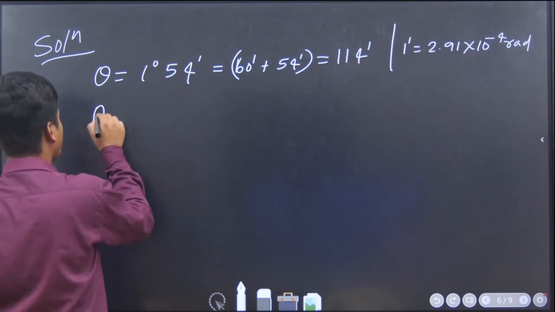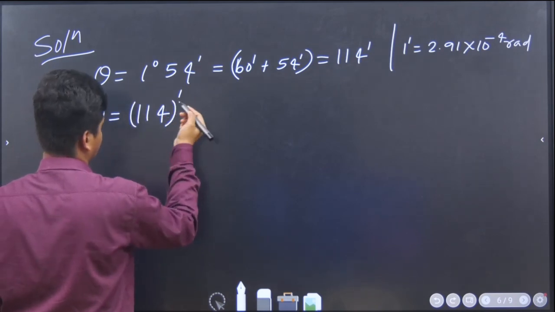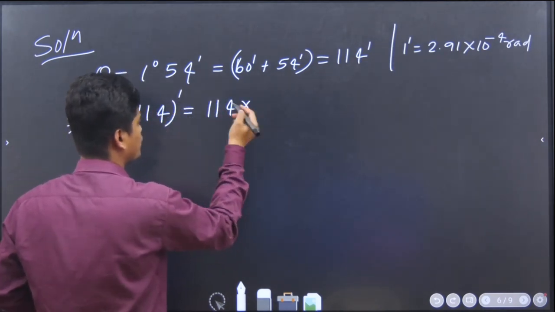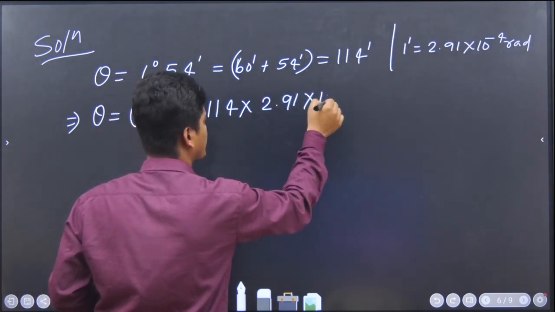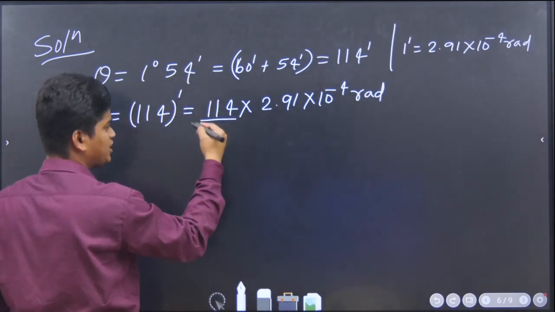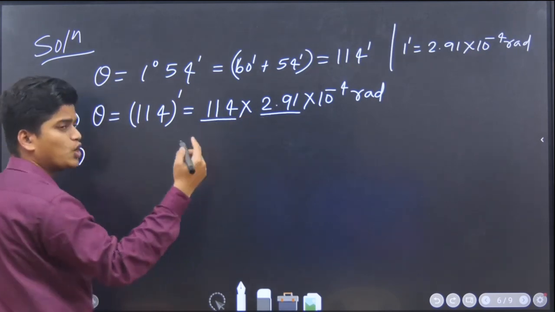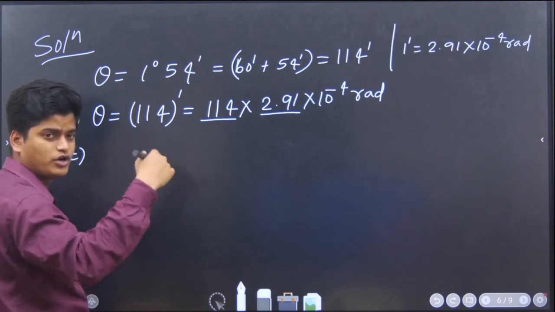Now theta is nothing but 114 minute, but I need to convert to radian. So 114 into, in place of 1 minute, I can put 2.91 into 10 to the power minus 4 radian. Now if you calculate this, it is a little over 100 times 3, so 300, and as another 14 is there, it will go a little more.